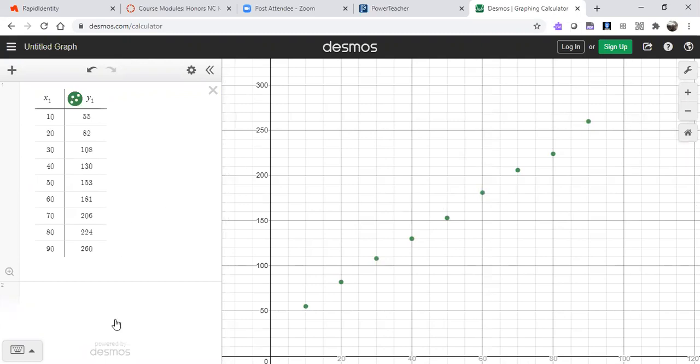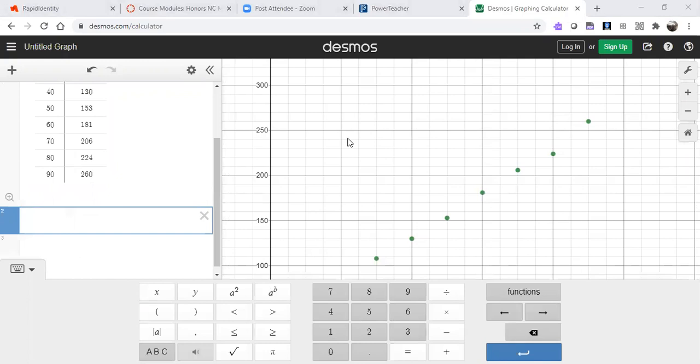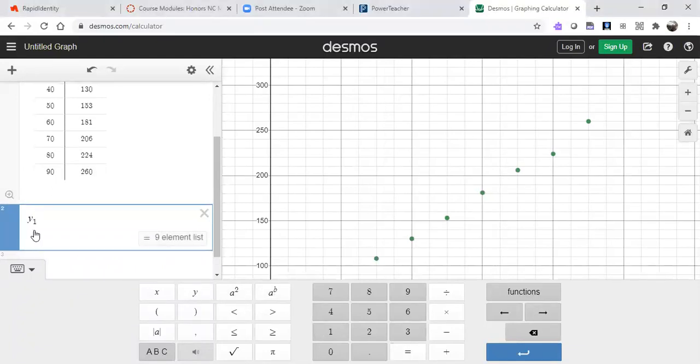Okay, so this is where you need the model. The model I was showing you was y sub 1. All you have to do on your keyboard is type the y and the number 1, and it will do the little subscript for you. You don't have to worry about making it do that.